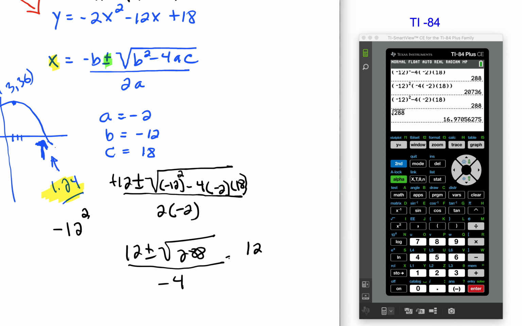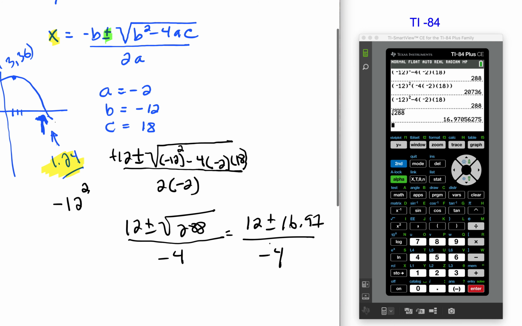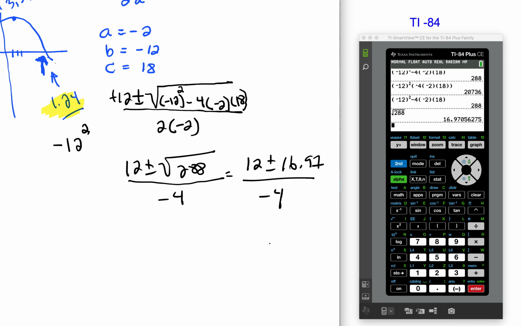So 12 plus or minus 16.97. Don't forget, take off the root because we took the square root. So no more root, over negative 4. Cool. From this step, to make things easier, I would split the fractions into two problems.